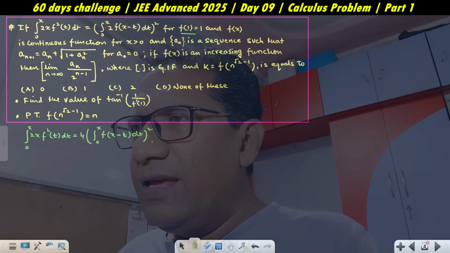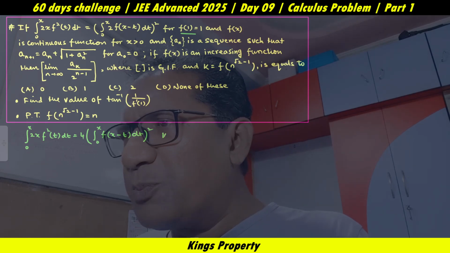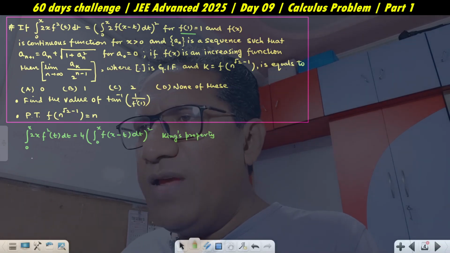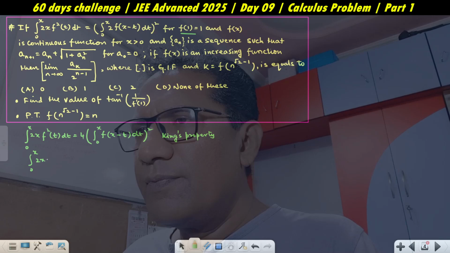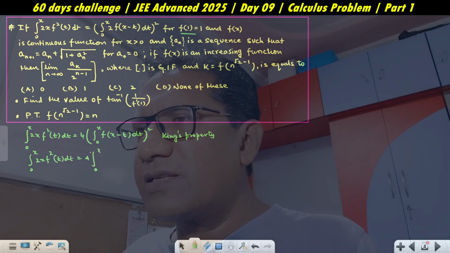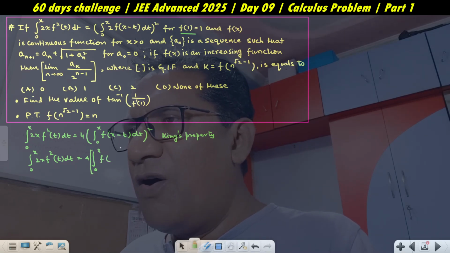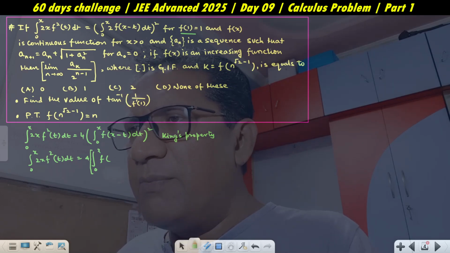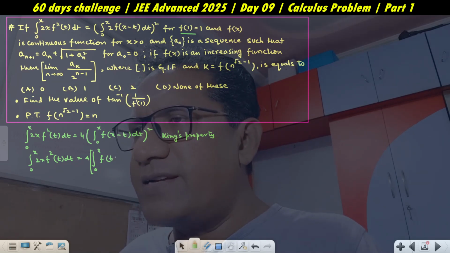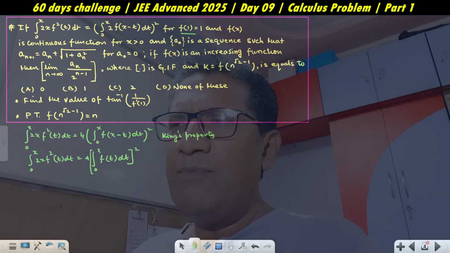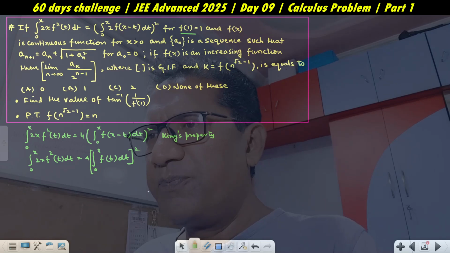So I will use the King's property. So we are going to have the integral from 0 to x of f, in place of t, I am writing x minus t. So you are getting f of t dt whole square. That's it. I have simply used the King's property.